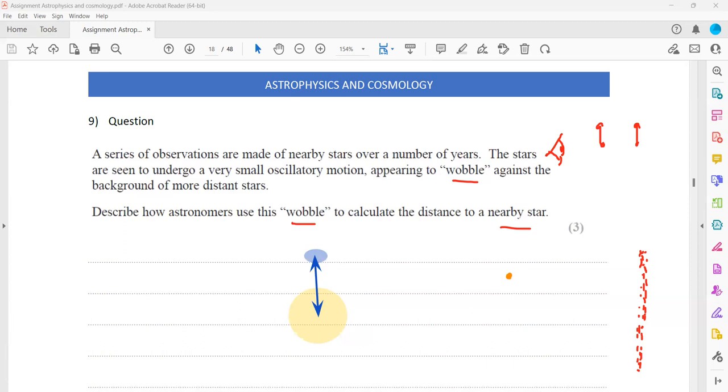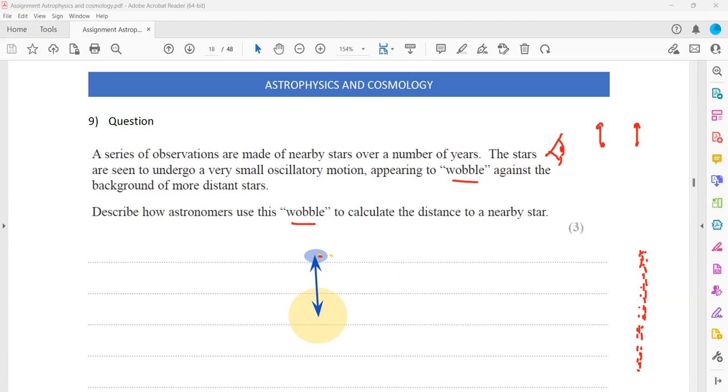This astronomical unit is known, and we observe this star for a duration of 6 months. Earth is here, after 6 months it is at the opposite side, this distance is known, and we are observing the star. Say the star is somewhere here.